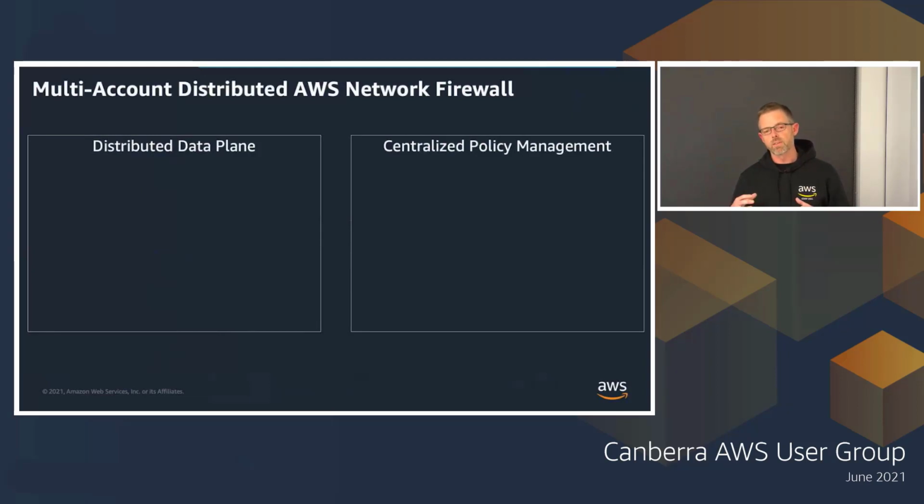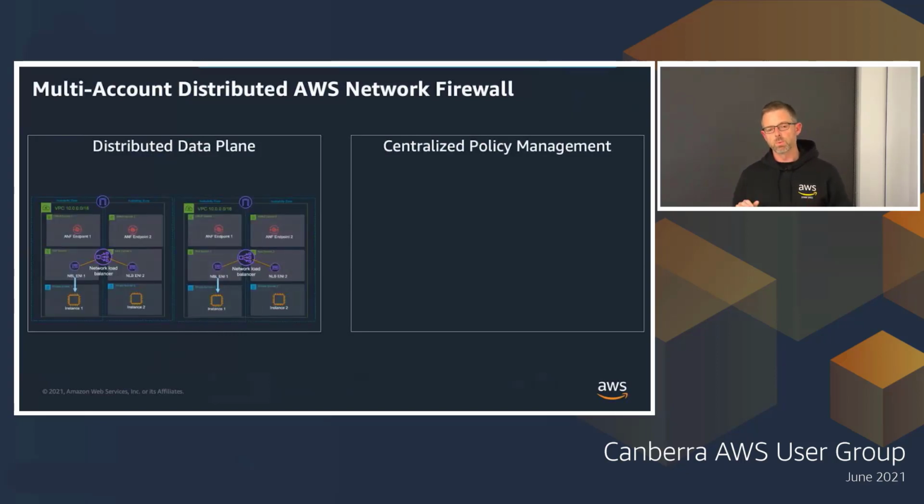So rather than having a single Gateway Load Balancer and appliance farm, you end up creating multiple network firewalls, one in each VPC where you want to put it, and its associated firewall endpoints. Obviously, managing that would be a nightmare if you're doing it over multiple VPCs. So you can use AWS Firewall Manager to centrally manage that policy, so you can have the same firewall rules, same firewall policies applied to multiple firewalls.